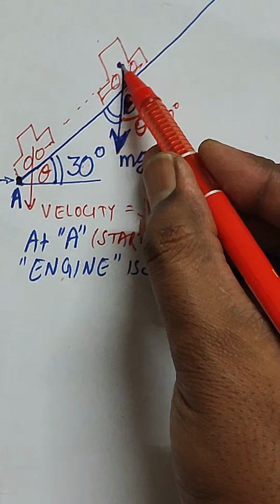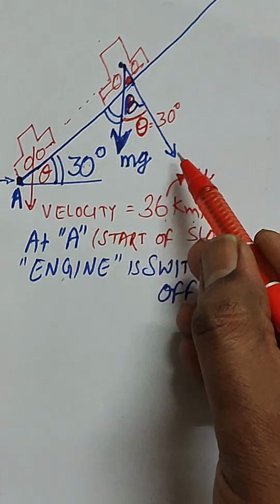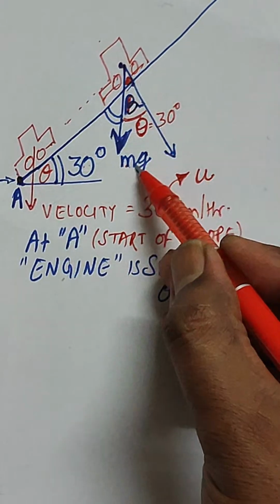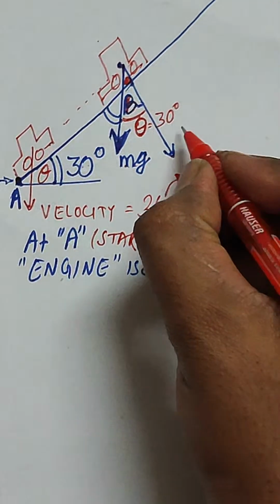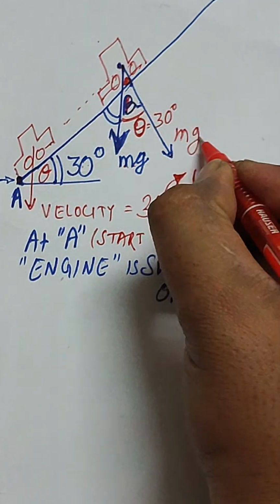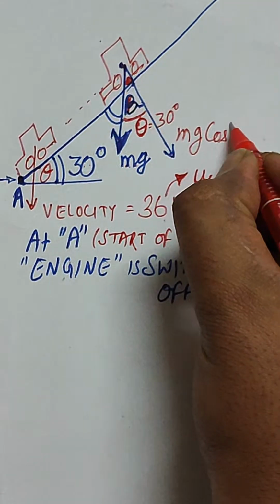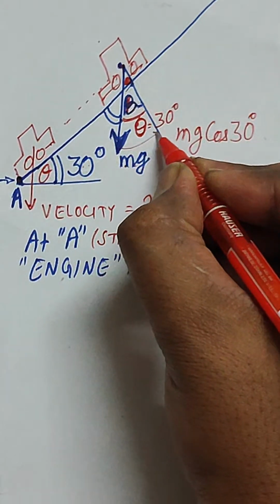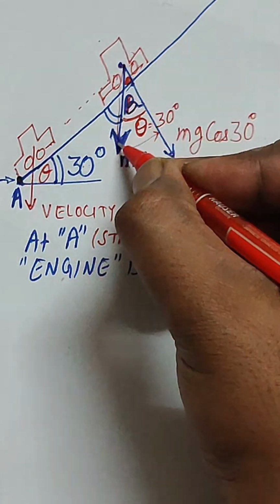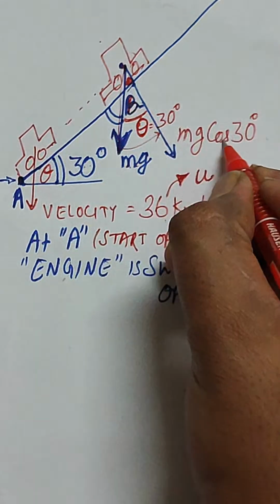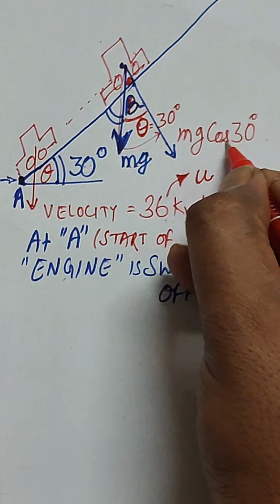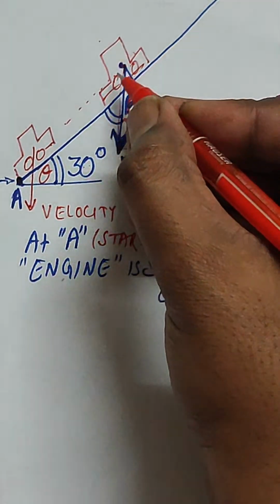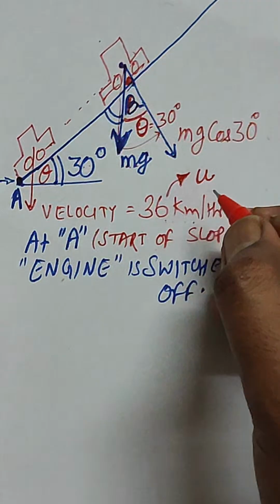So at this point, the component of weight mg acting along this direction will be mg cos 30 degree, isn't it? If this is the resultant, mg cos 30 will be acting normal to the inclined plane towards the earth.